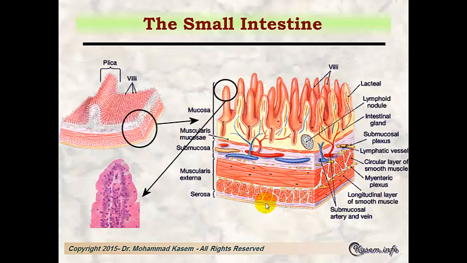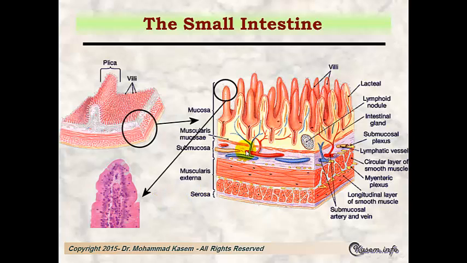On this diagram, we'll see the villi as very small, minute elevations or protrusions, magnified on the right side of this diagram. If we magnify this villus further, we'll see this villus containing a connective tissue core in the center, and then it is covered with tall simple columnar epithelium, and few goblet cells are present in between.